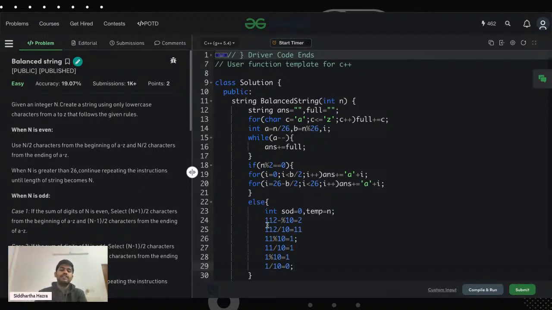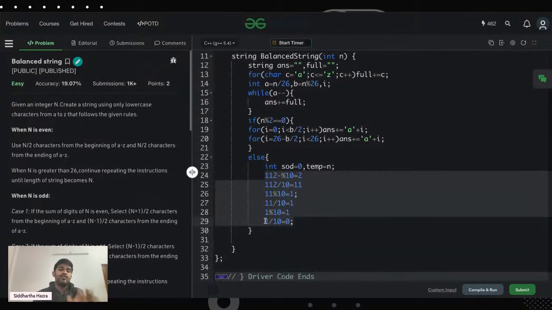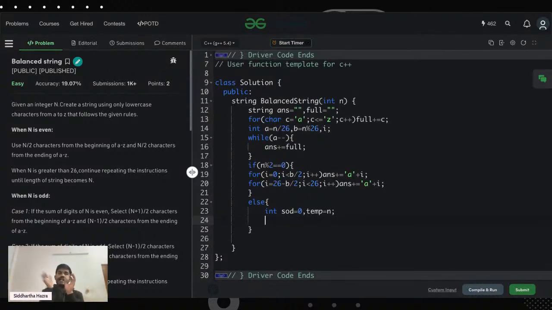So basically we have a way to find the last digit of a number. How? Modulo 10. Then we divide it by 10, so the whole number shifts. Then again modulo 10, we take out the last number, then again we do shifting. This is how we find the sum of the digits.